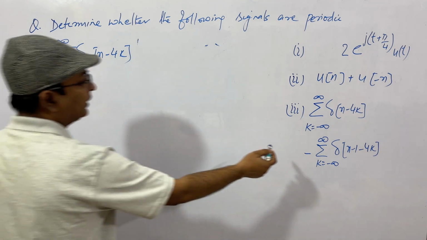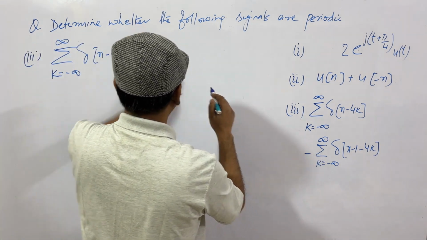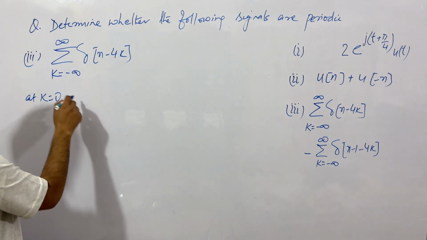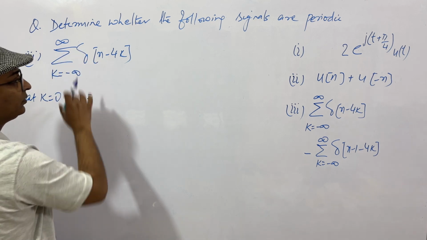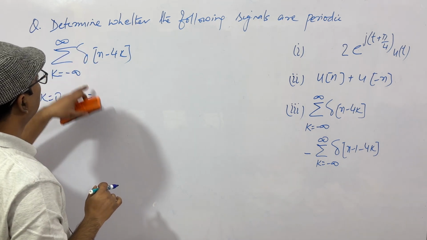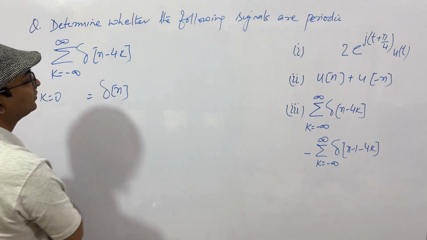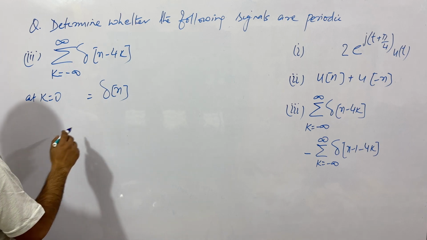We'll have the second part. This is minus this. First of all, let's see what is this part. Del n minus 4k. Let's say at k equal to 0, what will be the value of this signal? This part will be equal to del n, and since this is 1, this will be an impulse at n equal to 0.